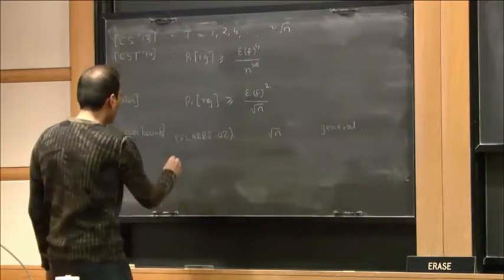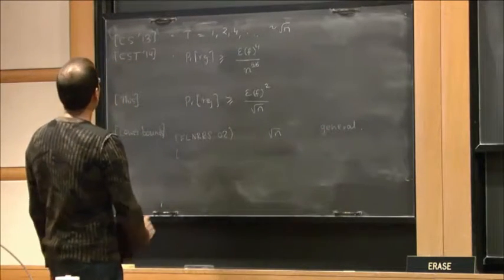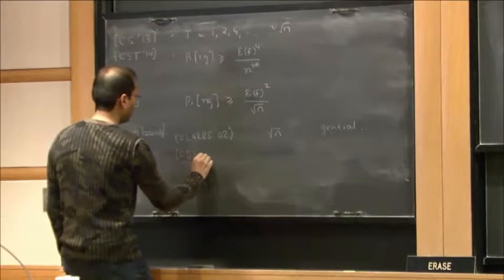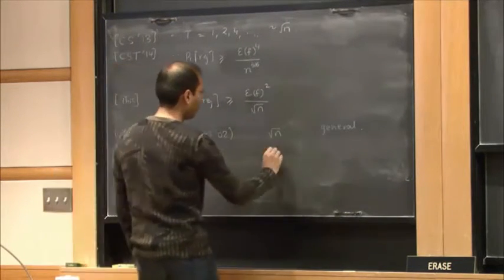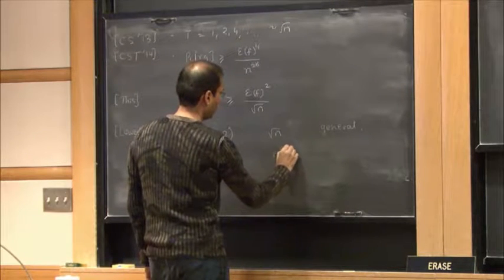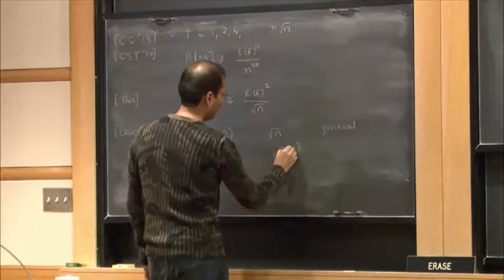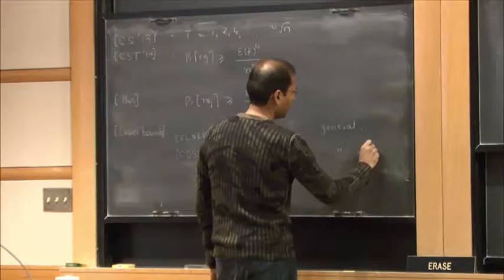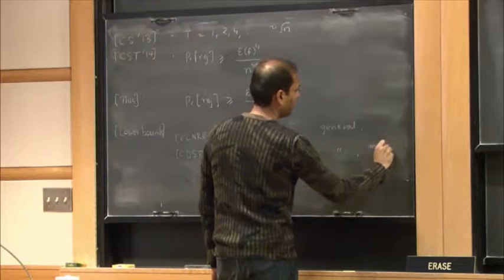In a recent paper by Chen, Anindya De, Servedio and Tan, they prove again essentially square root of n, and this holds even for general testers and even with imperfect completeness, right?